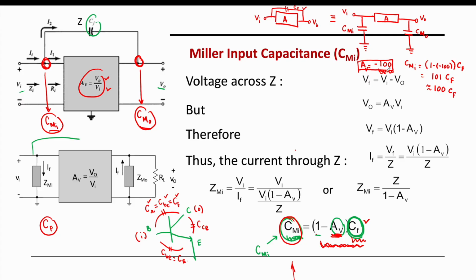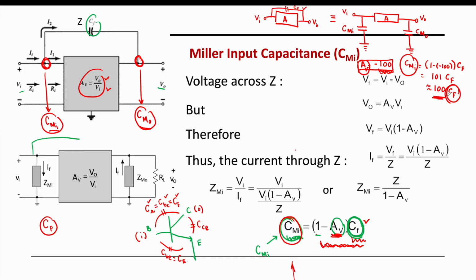So we can say the Miller effect capacitance at the input is the value of the voltage gain between the output and input multiplied with the value of CF.